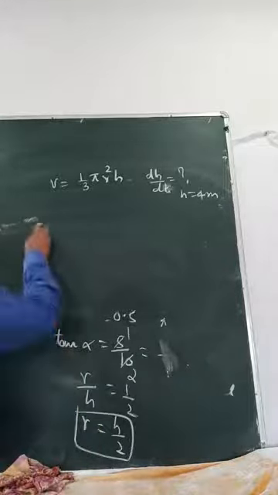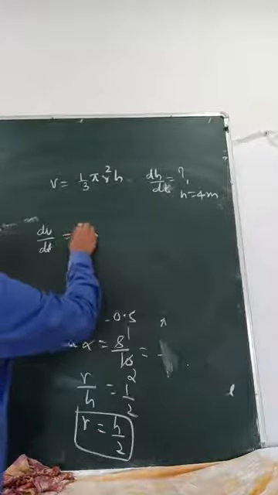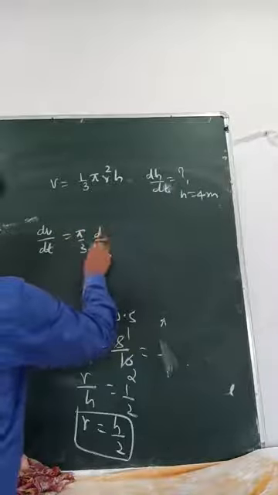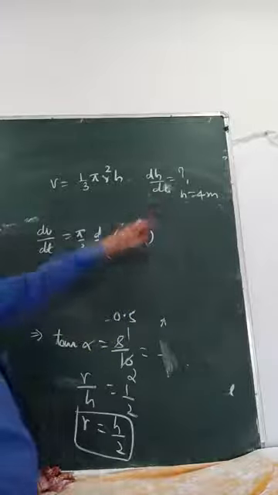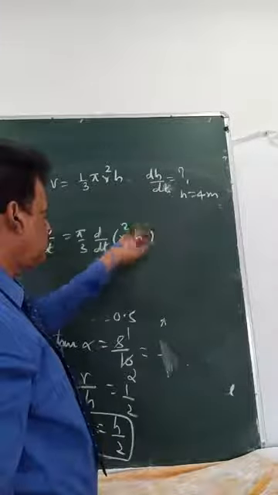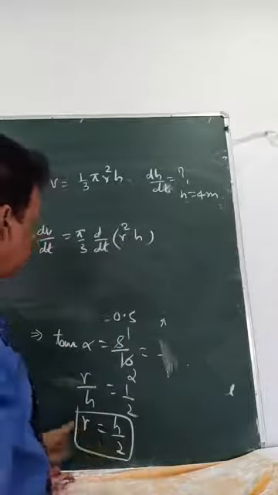dV by dt equals pi by 3 d by dt of R square H. Since you are asked to find dH by dt, the R square you have to remove. So put the value of R as H by 2.